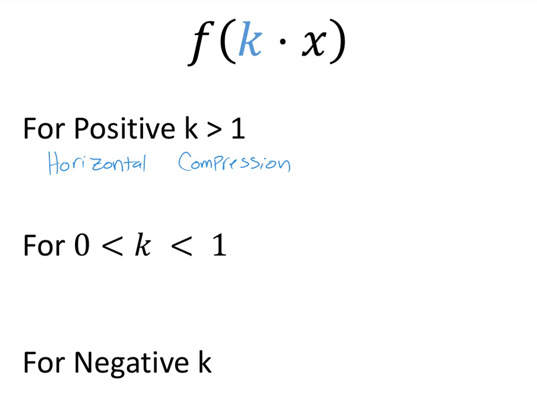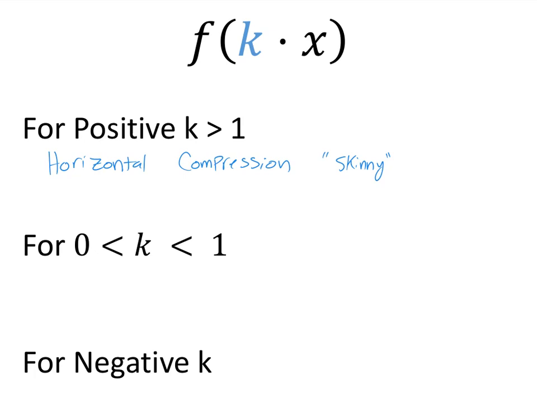So it makes it skinnier. And notice this has kind of the opposite effect that the positive k has when it's multiplied on the outside.